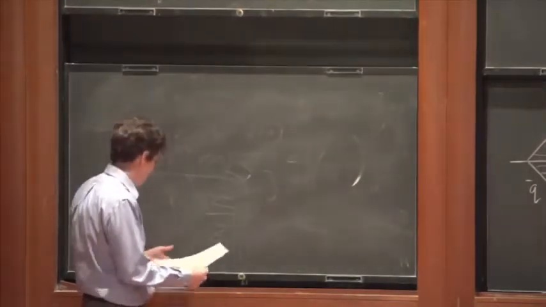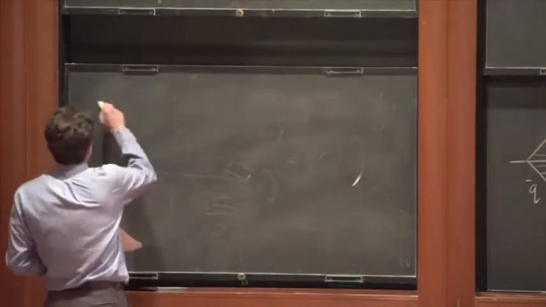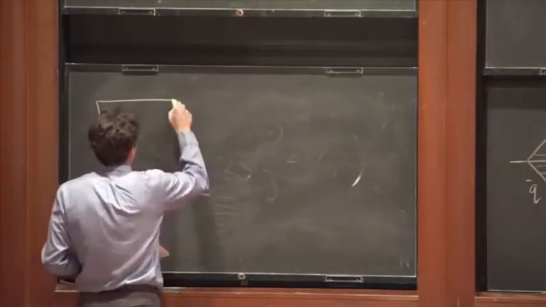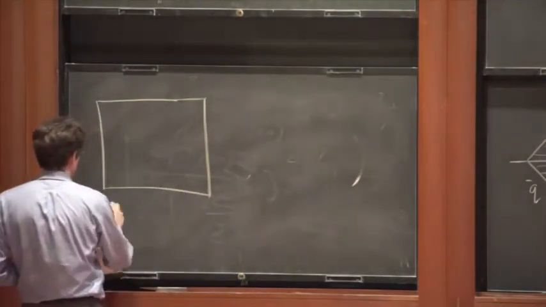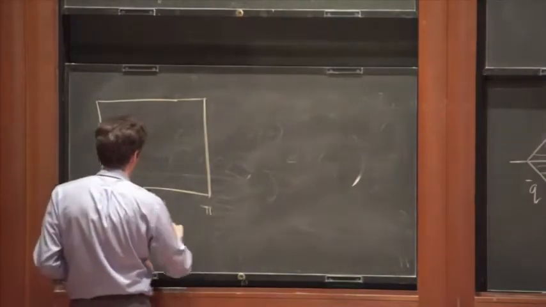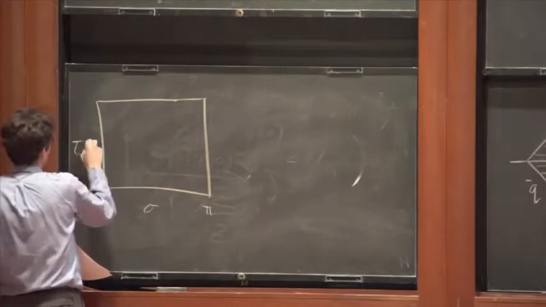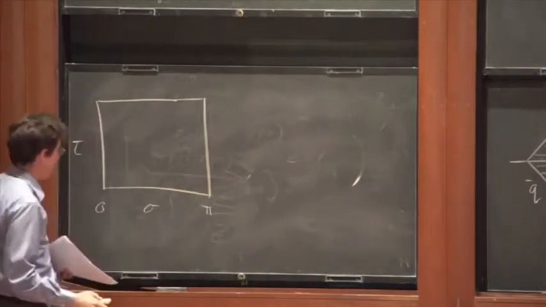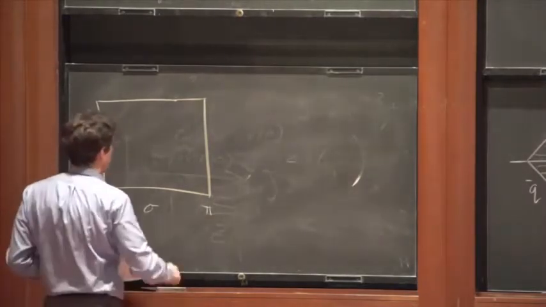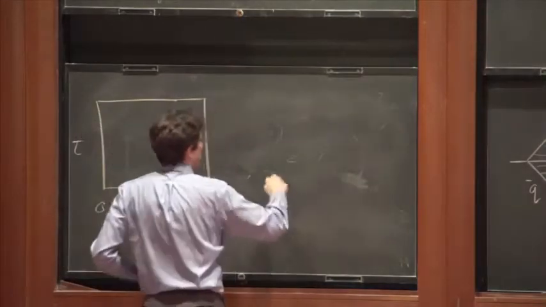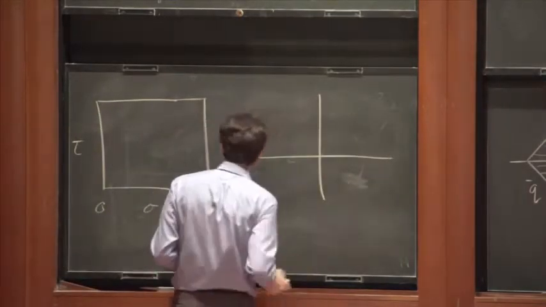And what you will find is that the world sheet, let's say parameterized by sigma running from 0 to pi in the space direction and by tau in the time direction, maps into space-time in a very funny way.